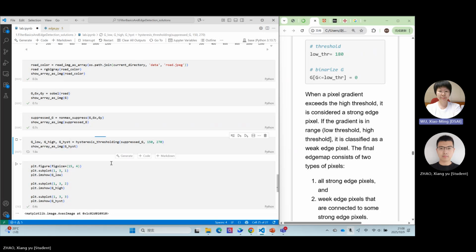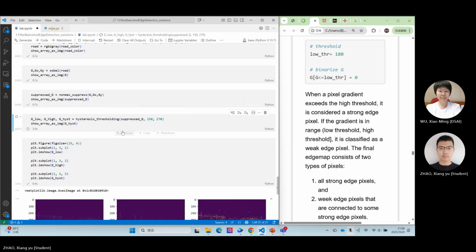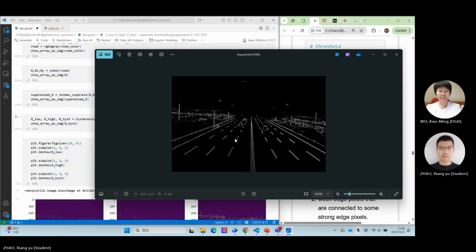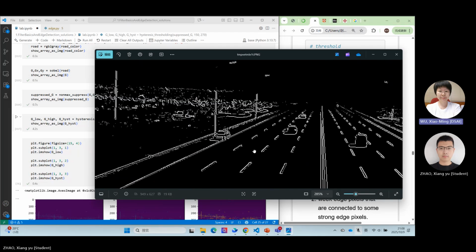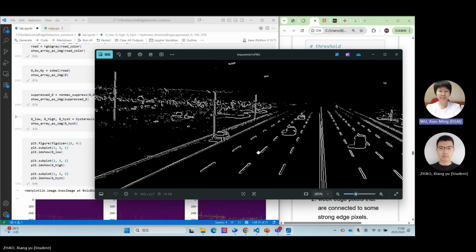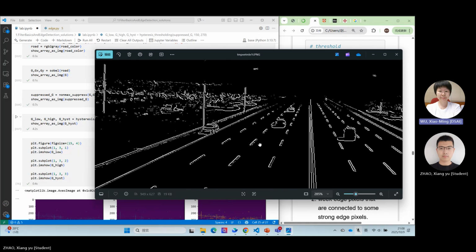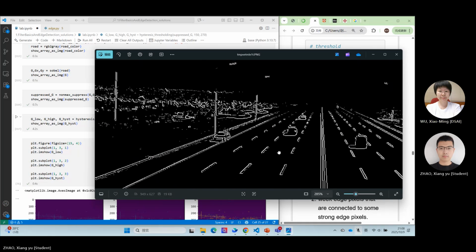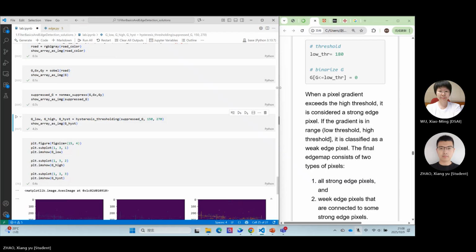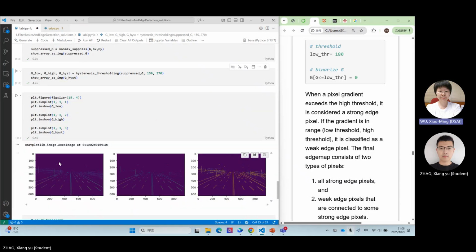And this is the final result. We are using the thresholding method, and we highlight all the edges. These 3 pictures are the comparison of the 3 steps, but it's not very clear.